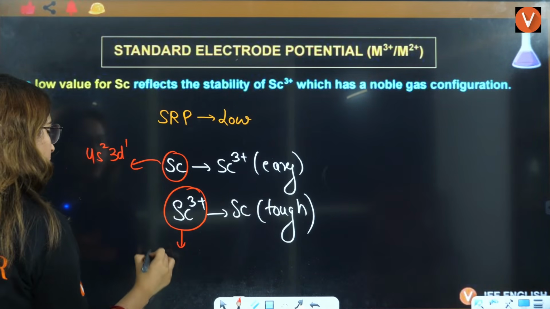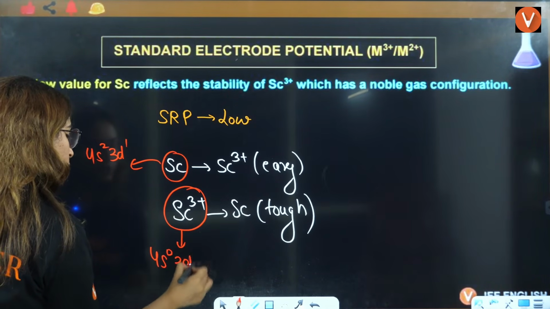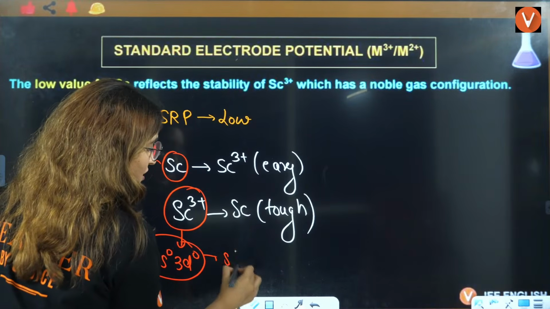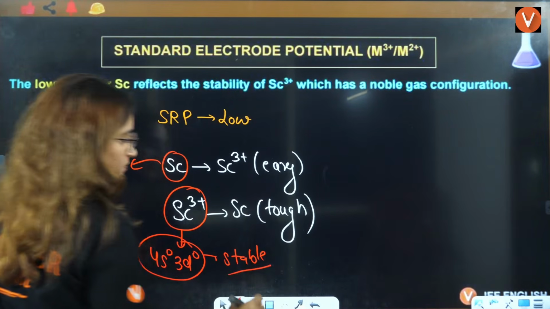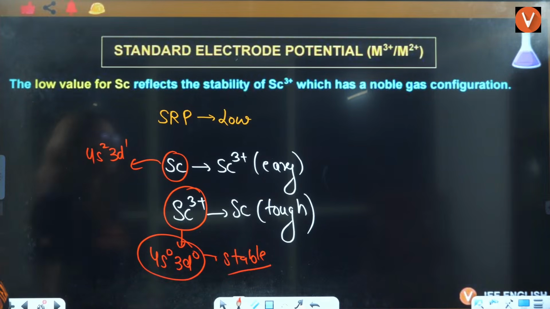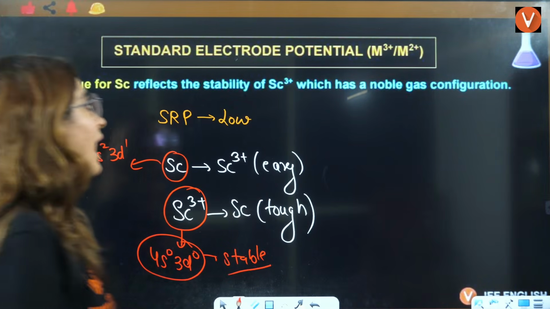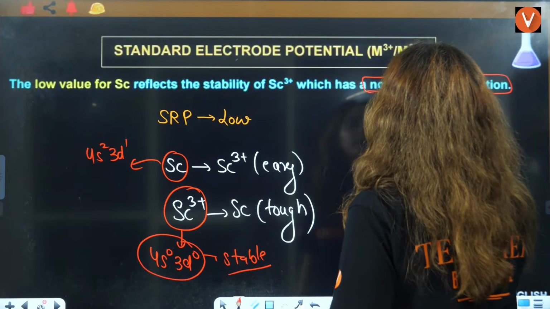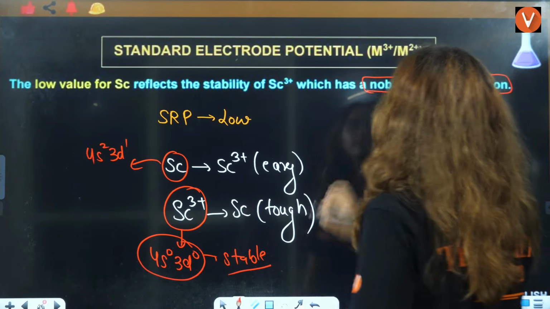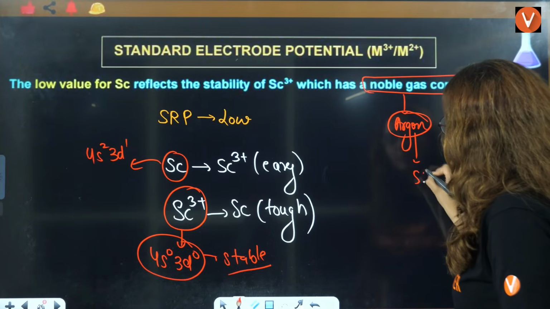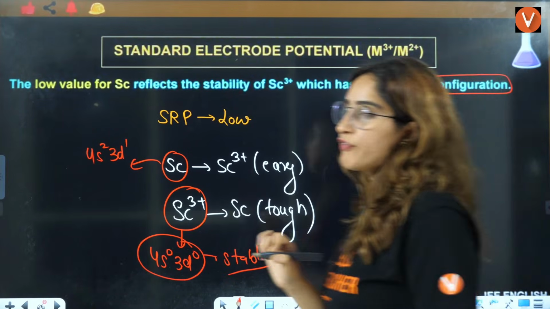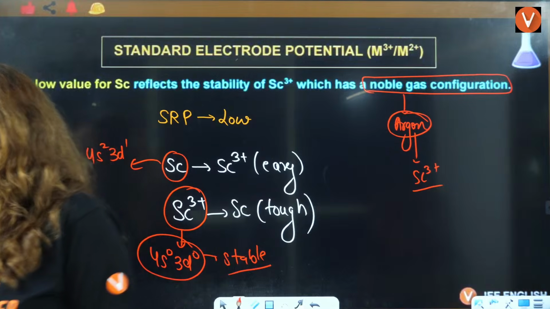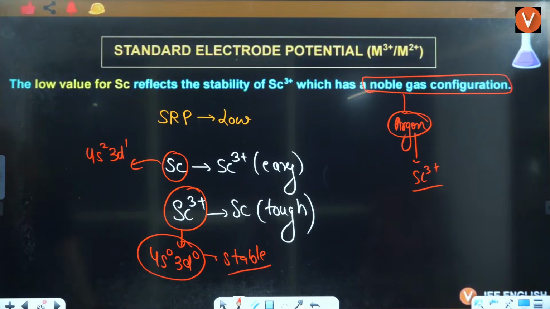Scandium 3+ is 4s2 3d0, which is a stable configuration. That's why it is so difficult. It has a noble gas configuration of argon. That is the reason.